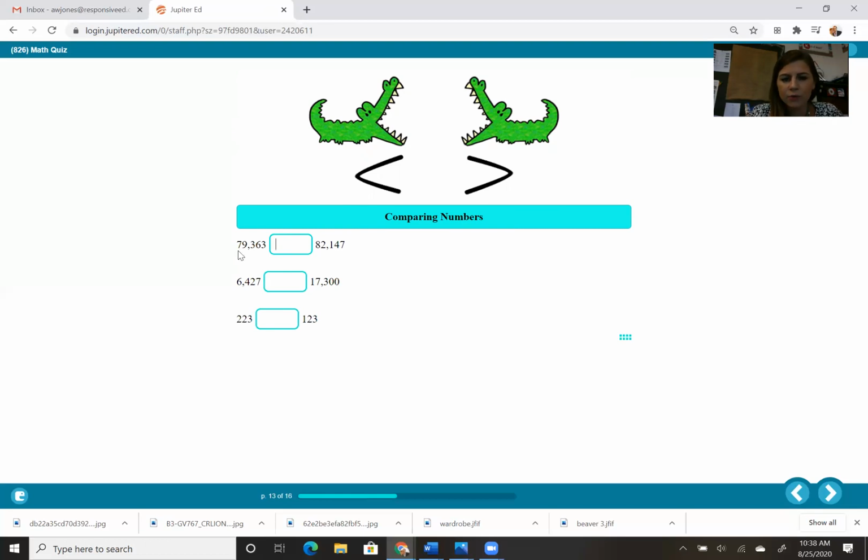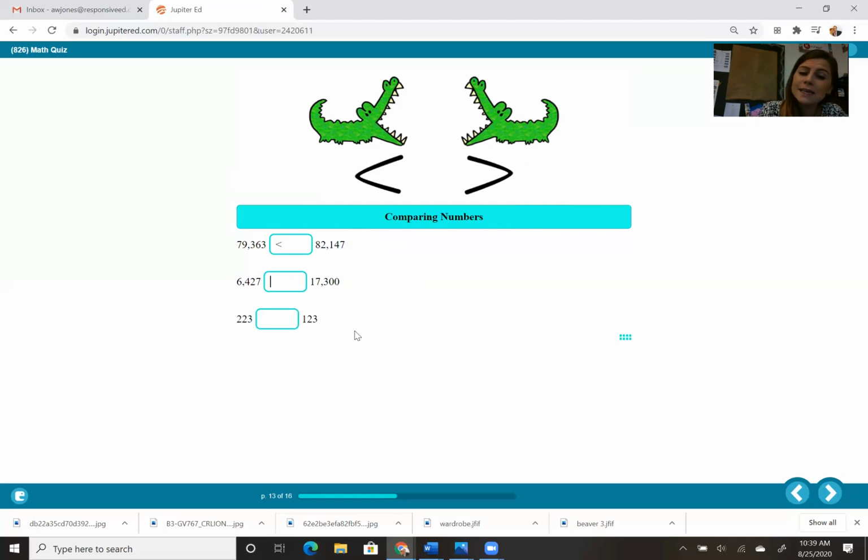Now we look at the greatest place value when you're comparing numbers, and you see the greatest place value is the 10,000s, and there is a 7 in the 10,000s place and an 8 in the 10,000s place. Therefore, the number that has the 8, since 8 is bigger, is the larger number. So 79,363 is less than 82,147.